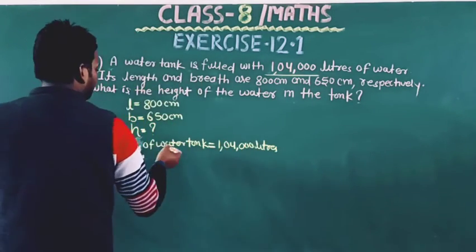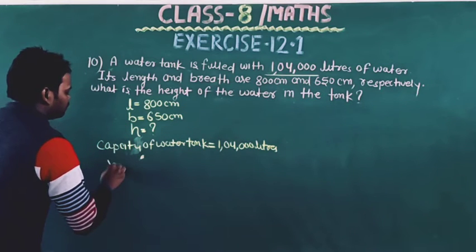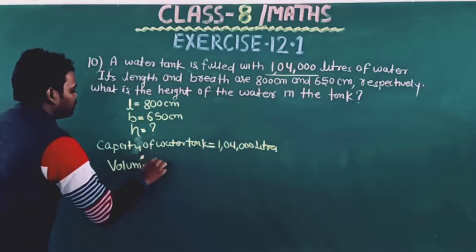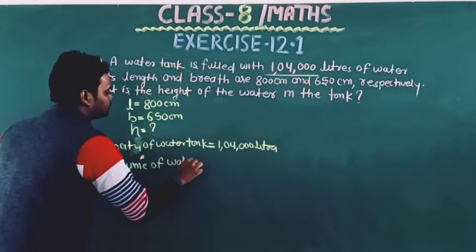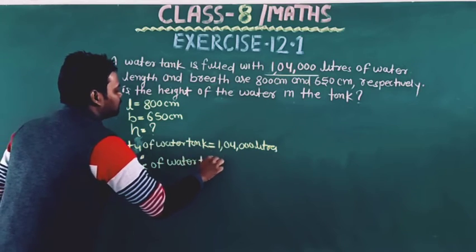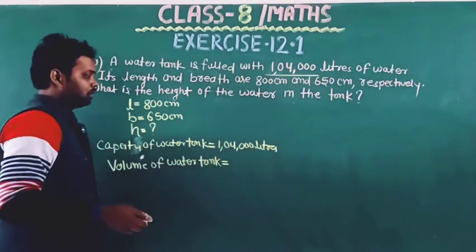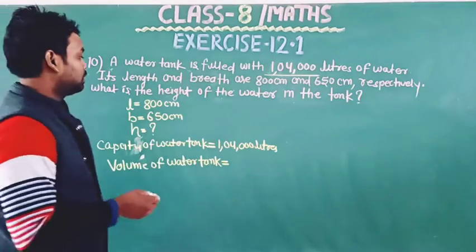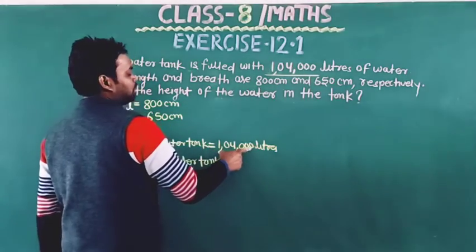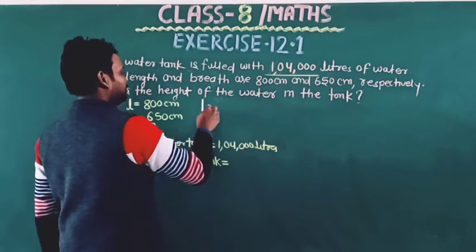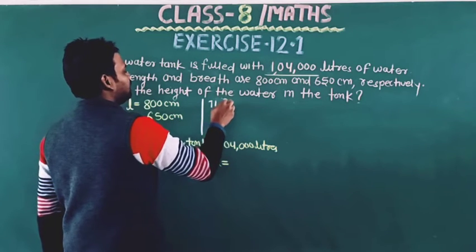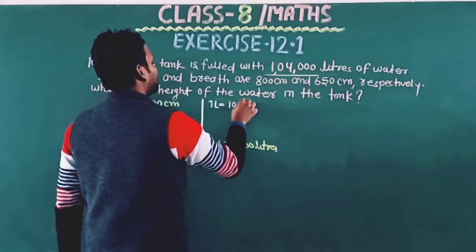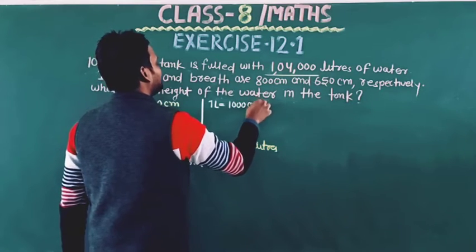Therefore the volume of the water tank equal to, so we have to multiply by 1,000 because we know 1 liter has 1,000 centimeter cube volume.